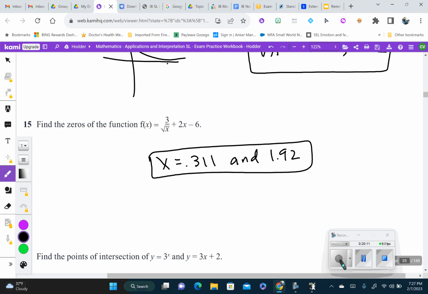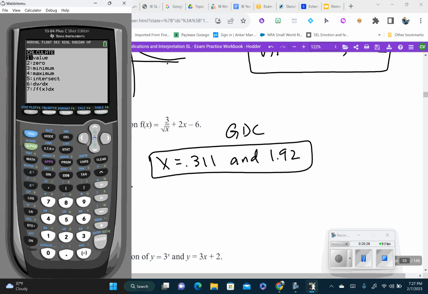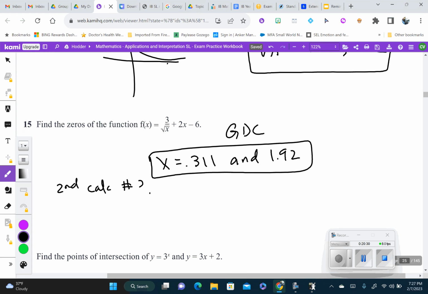It does say find, so we do need to show some work here. So for work, you could just say, using the graphing calculator, GDC, and looking for second calc option number 2 to find these numbers. Okay.